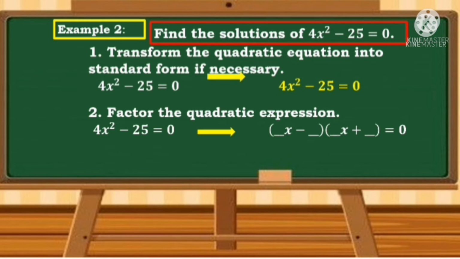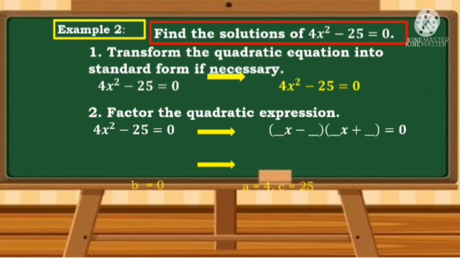Since the middle term is 0 and there is only the first and the last term, the signs of our factors are negative and positive. First, get the value of b, which is 0, and then get the square root of 4.